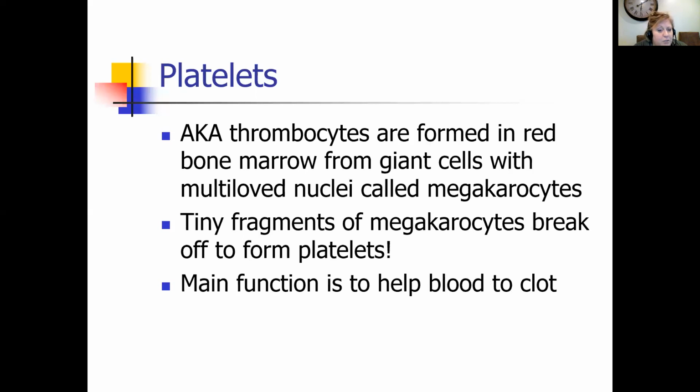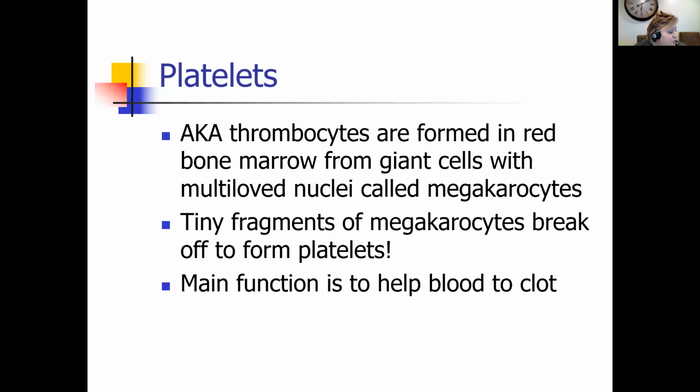And once it gets into the bloodstream, between the bone marrow and the bloodstream, tiny fragments of this megakaryocyte break off to form platelets. I always think of the megakaryocyte as a chunk of cheese, and you're grating it by hand on a cheese grater, and what falls off after you grate it are these platelets, or thrombocytes.